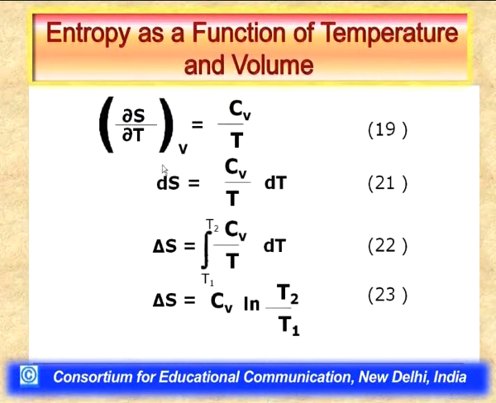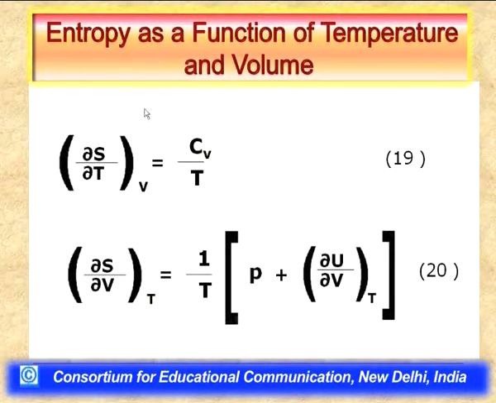So, this is how we have theoretically derived expressions which relate the desired differential coefficients with experimentally measurable quantities like heat capacity at constant volume.